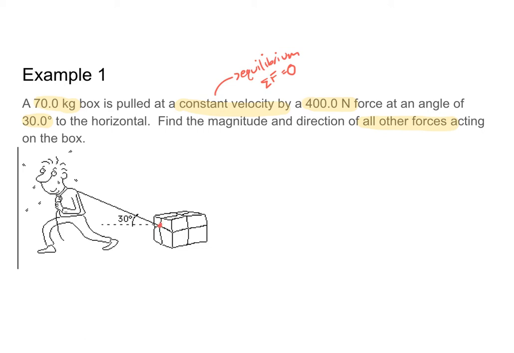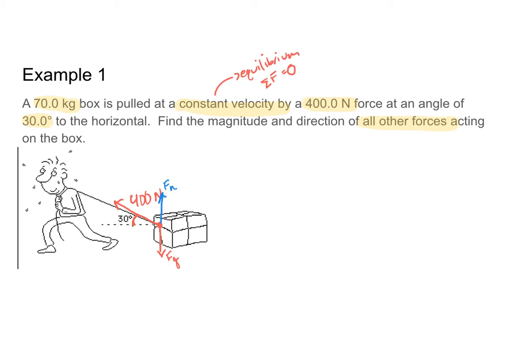So, let's start with a dot to represent the center of mass of the box. We know that we have that 400 Newton force being applied at a 30-degree angle. We also know that the box has mass and is on Earth, so we have a gravitational force pointing down. Balancing out that gravitational force, there must be a normal force, and since my normal force is unknown, I'm going to draw it in blue.